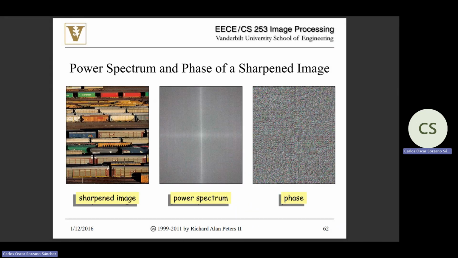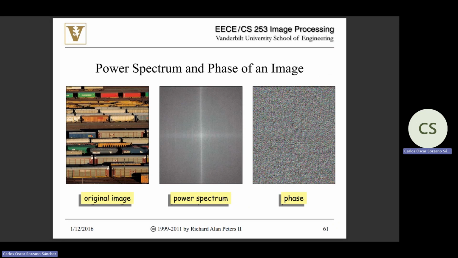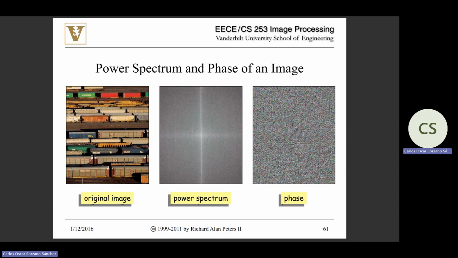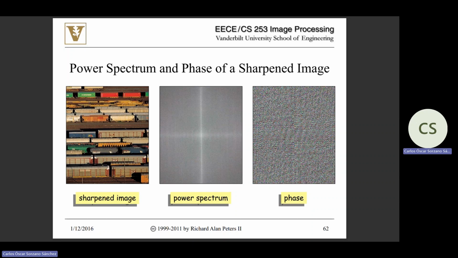I have the original image, and now I multiply by that, and what I have is sharper edges. The details have more energy. And I would say you see better this image than this one, right? You see many more details there. And now you can connect it to our visual system.